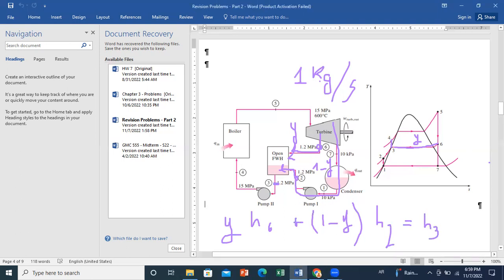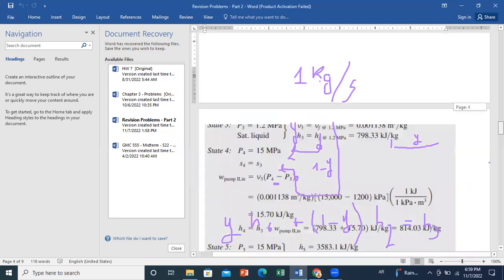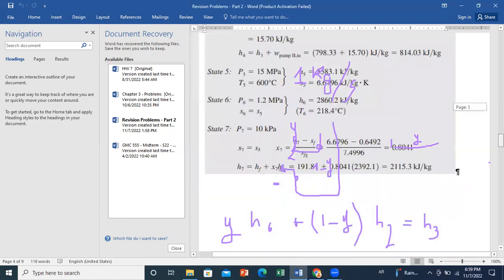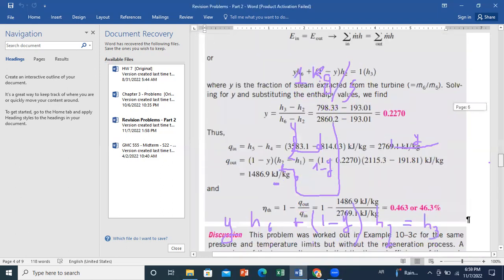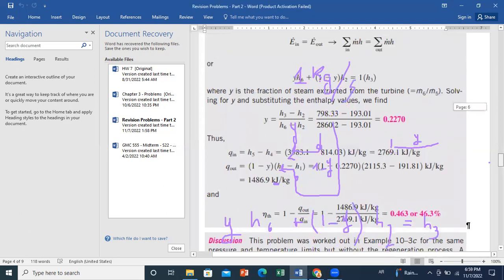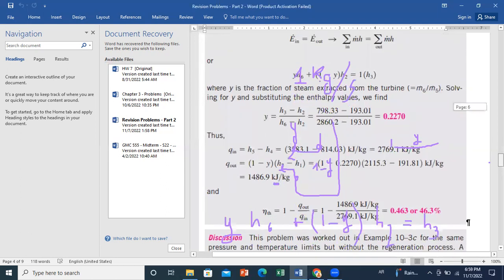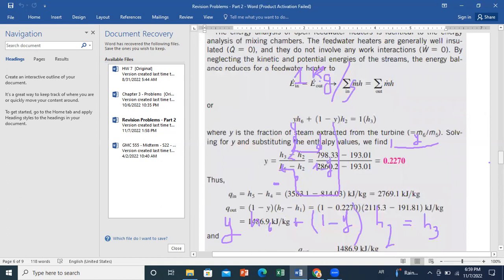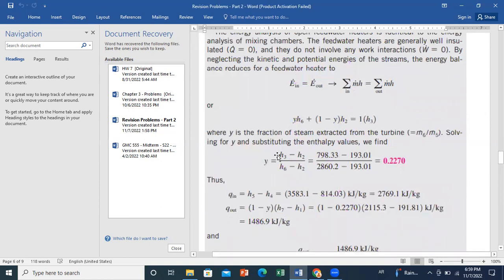By applying this, the only unknown is y. So we can write y as h3 minus h2 over h6 minus h2, and then we get the corresponding fraction.